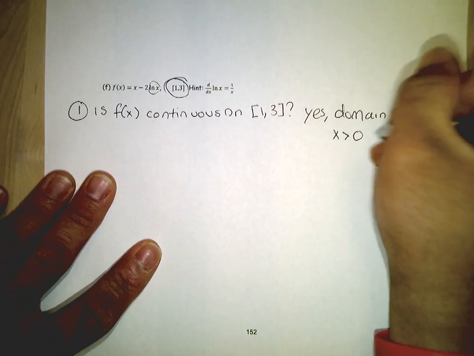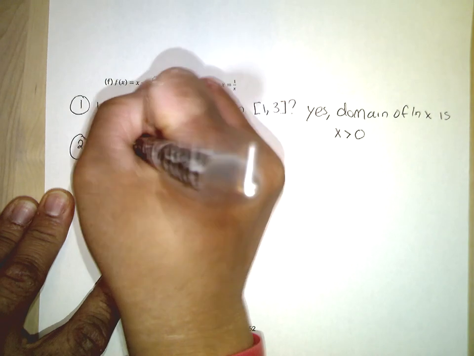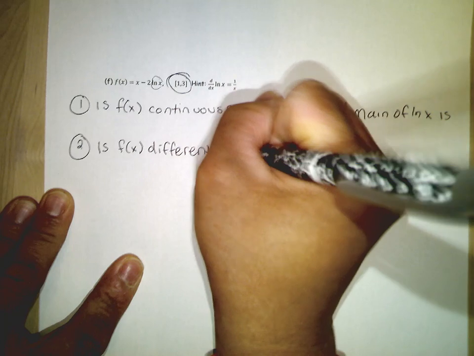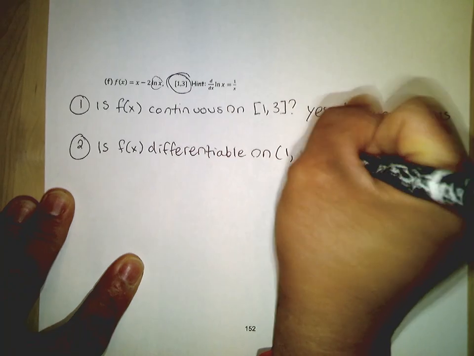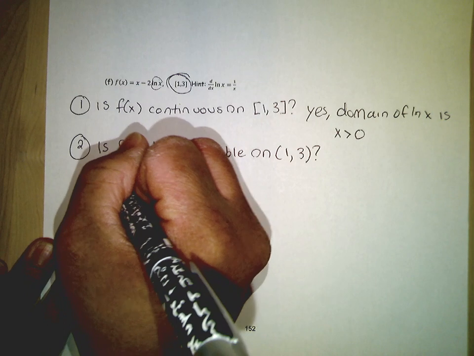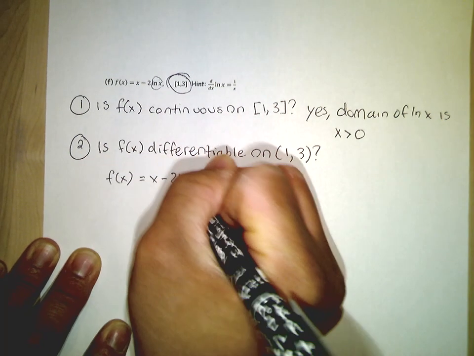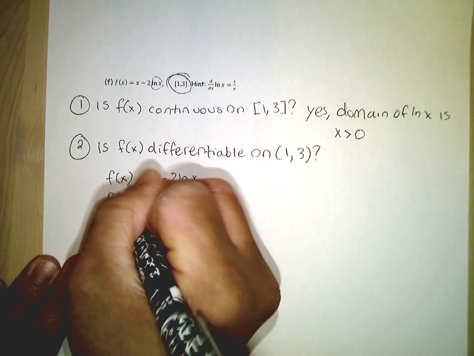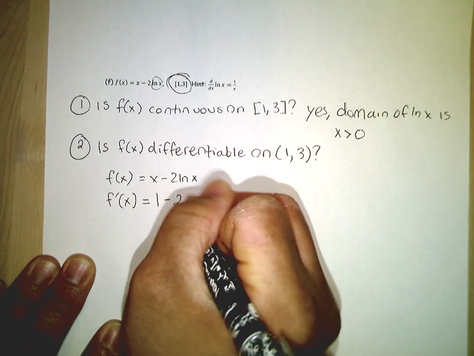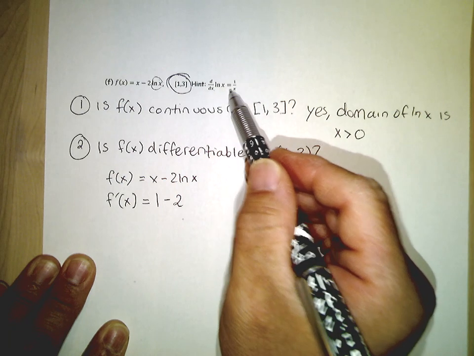All right, and then is f of x differentiable on the open interval from 1 to 3? Well, let's see. f of x was x minus 2 natural log of x, and f prime of x would be the derivative of x, which is 1, minus 2 times the derivative of the natural log of x, which was 1 over x.